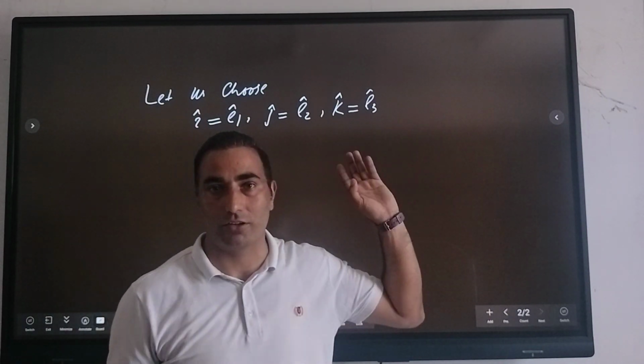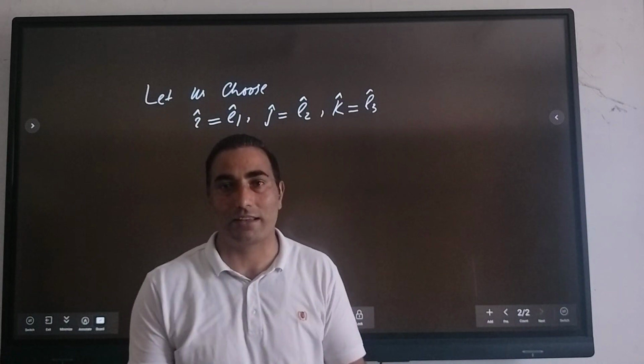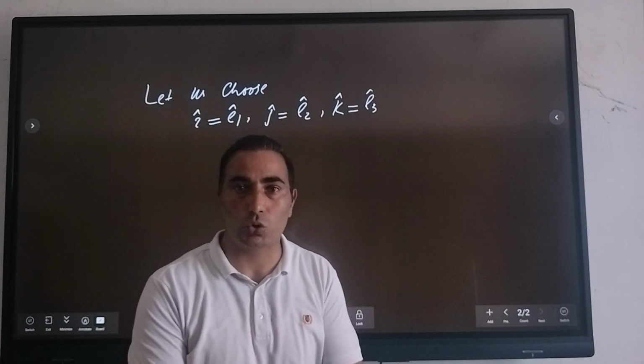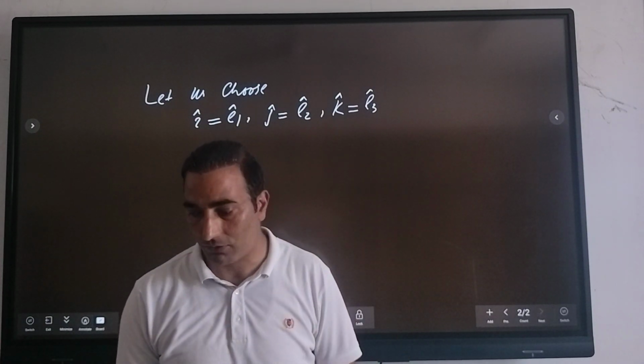I am changing the notation from i, j, k in order to generalize it, in order to write the orthonormality condition in some compact form.